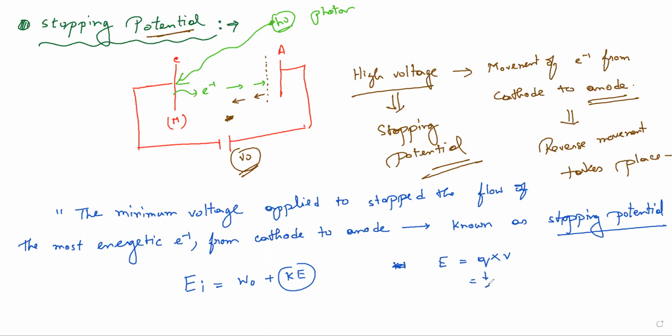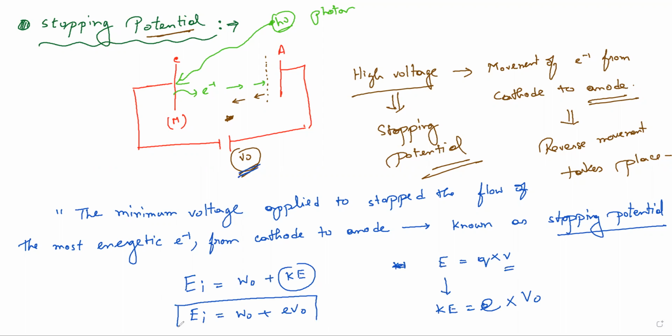Q is the charge of the electron e. Here the stopping potential, the voltage, is taken as V naught. So kinetic energy we can write as e V naught. So the formula becomes E I equals W naught plus e V naught. What is W naught? W naught is basically the work function.